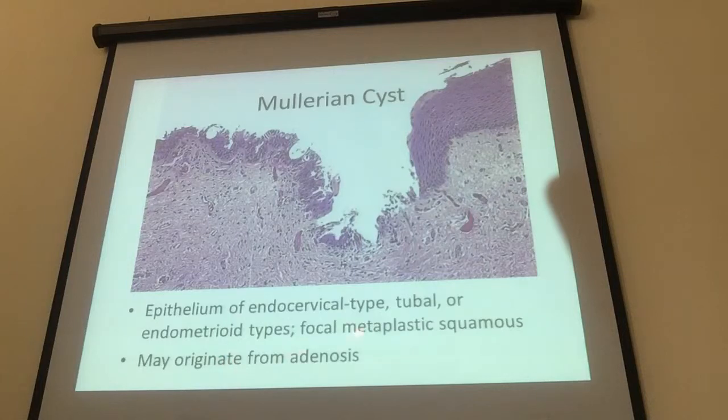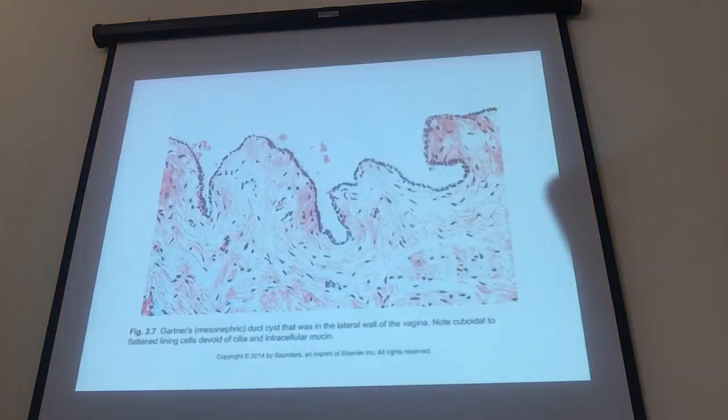Some people think this may arise from areas of adenosis because of the various types of epithelium we can see. Mesonephric cysts, again, lateral wall of the vagina, a very simple cuboidal type of epithelium. And these may also occasionally have small glandular remnants that may look like adenosis.